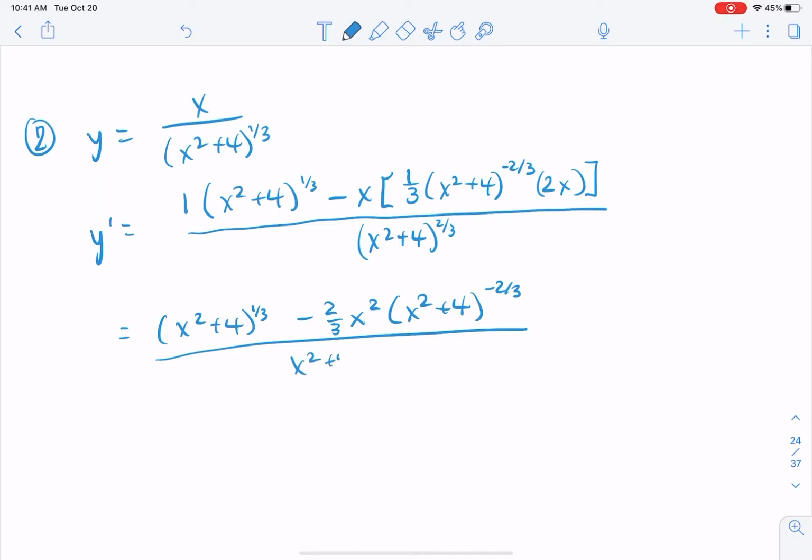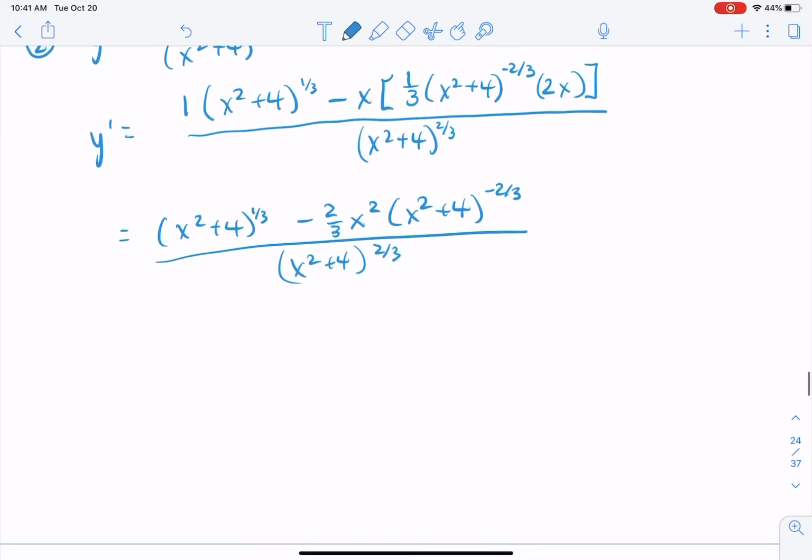I cannot tell you how many times I've seen some students just take this term right here and then just cram it down to the bottom. But you can't do that. And the reason why you can't do that is because it's not a factor across the whole entire top. You can only take a factor down if it's being multiplied out front times this whole quantity. You can't take it down if it's just in one component there, which means it's time for some fancy factoring.